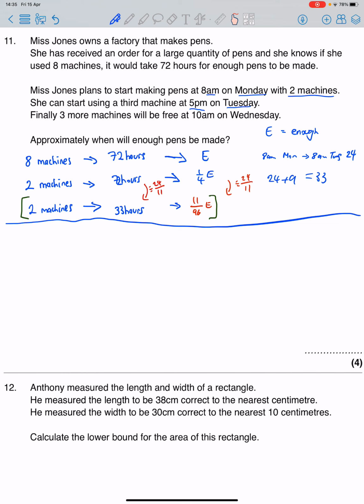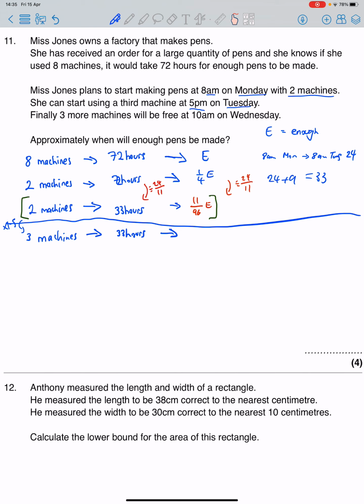Next, we now know that to get from 2 to 3 machines, we've multiplied by 1.5. So for 3 machines and 33 hours, we can multiply the 11 over 96 by 1.5 as well.